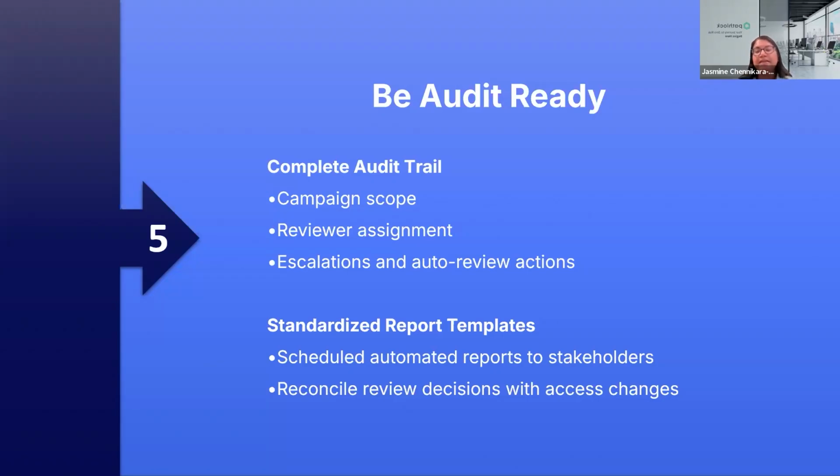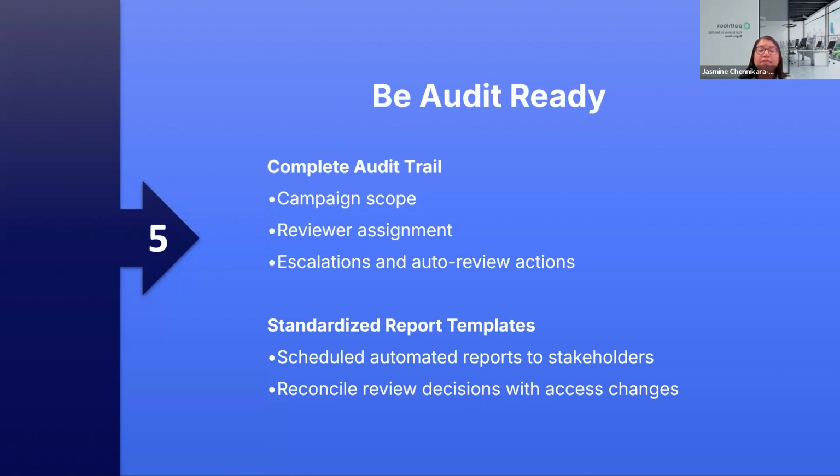Because you also want to make the reporting of that information easy and consistent. So you also want to use standardized report templates and schedule automated updates to the stakeholders so they're not always chasing down information on the progress of the campaigns or the status of the decisions.